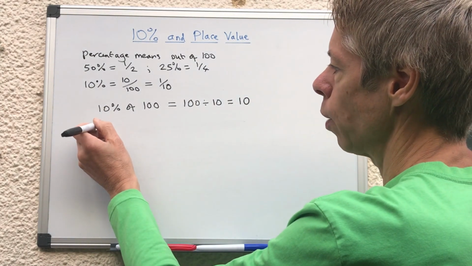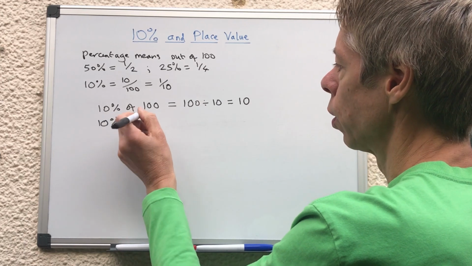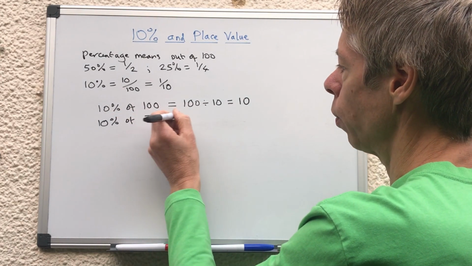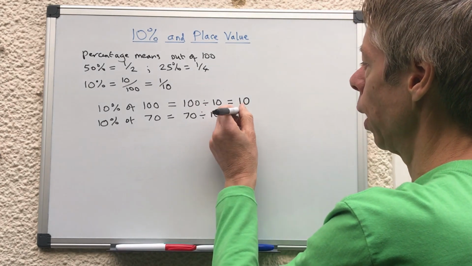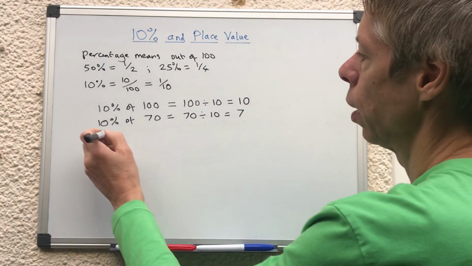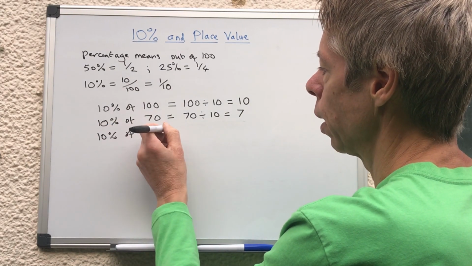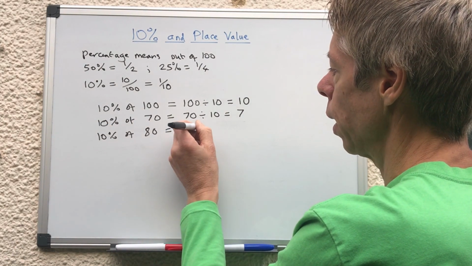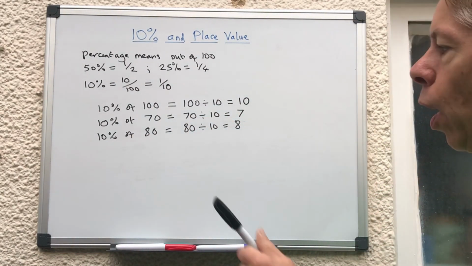So that means that 10% of 70 equals 70 divided by 10 equals 7. And then 10% of 80 equals 80 divided by 10 equals 8. So I hope you followed that.